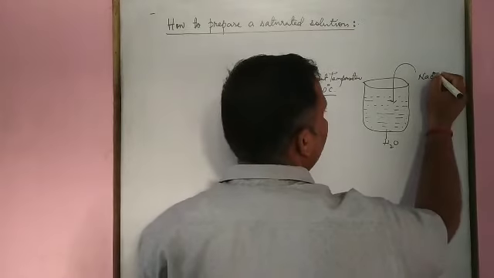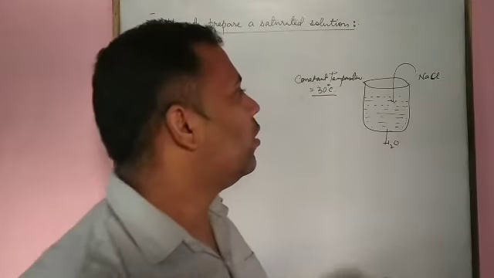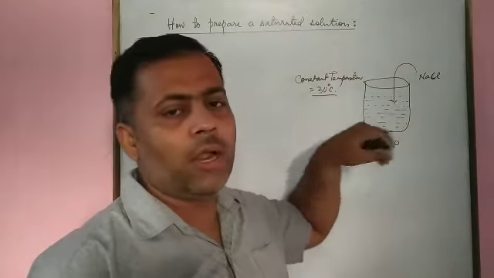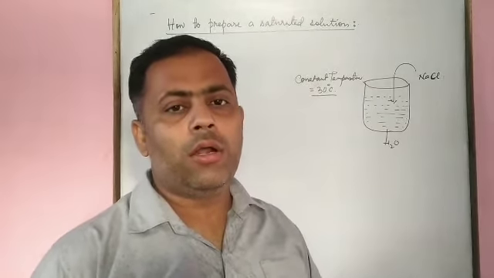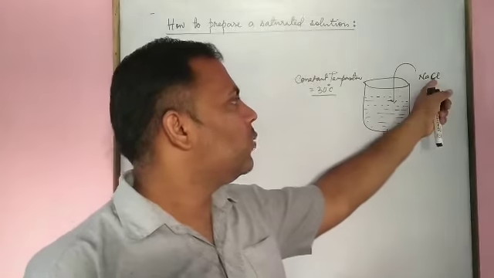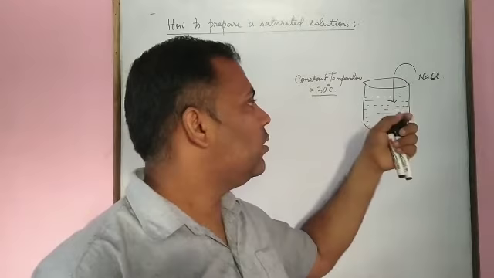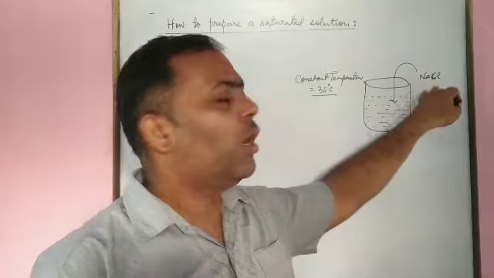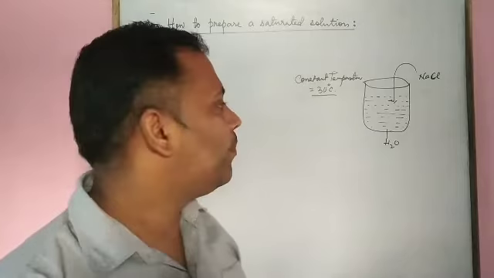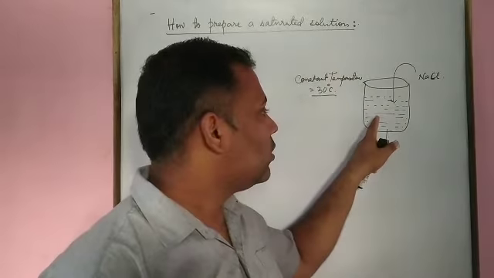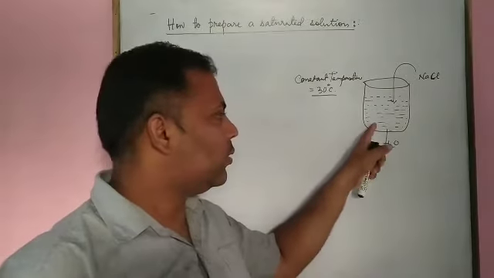We add sodium chloride and then stir it. This process is continued on and on until the added sodium chloride does not dissolve in the solution. Then the solution becomes saturated.